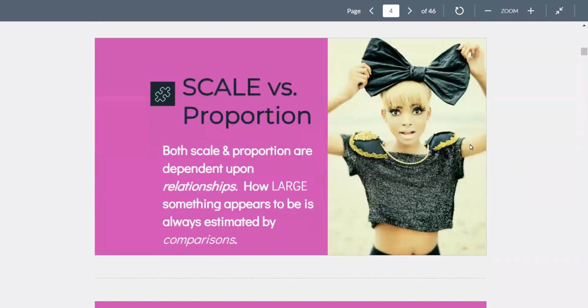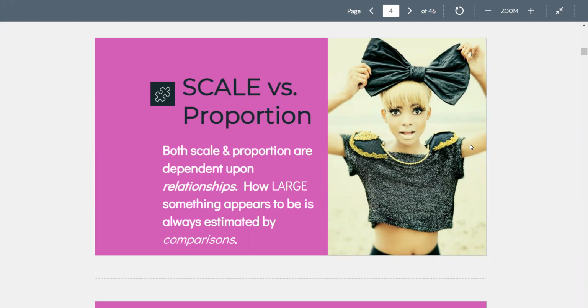Okay, this one. Can you see the bow? What can you say about it when you compare the whole picture? Is it the right size for the head? No. So if the bow is bigger than the person there, is it about scale or proportion?